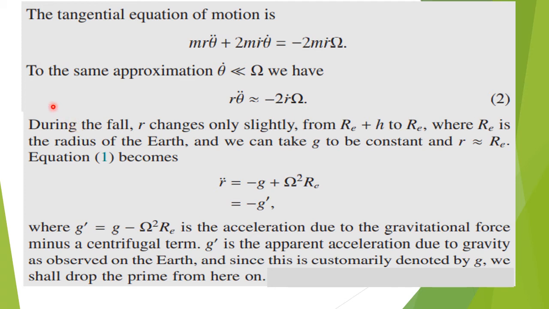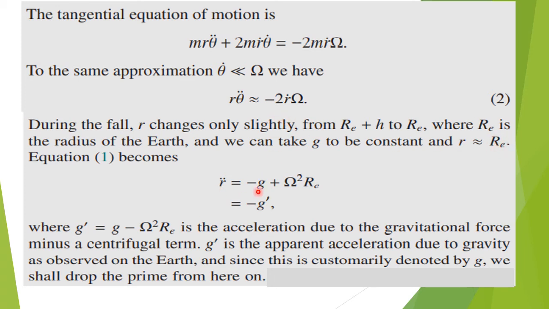Now in this equation we know r is nothing but the radius of Earth plus a height h. Compared to r_e, h is very small, so we approximate r as r_e, the radius of Earth.